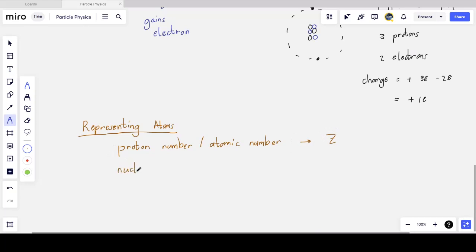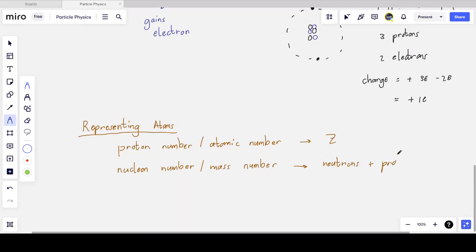We then define another quantity called the nucleon number, also known to chemists as the mass number of a particular element. This is the number of neutrons and protons. We call it the nucleon number because the things inside the nucleus are called nucleons.